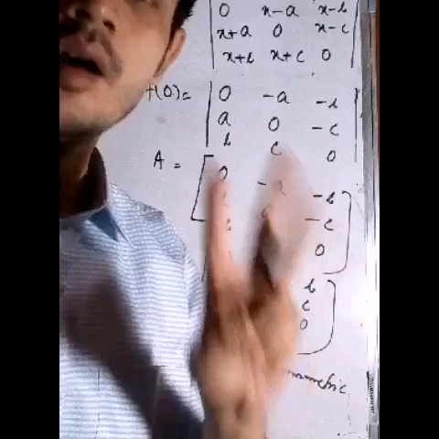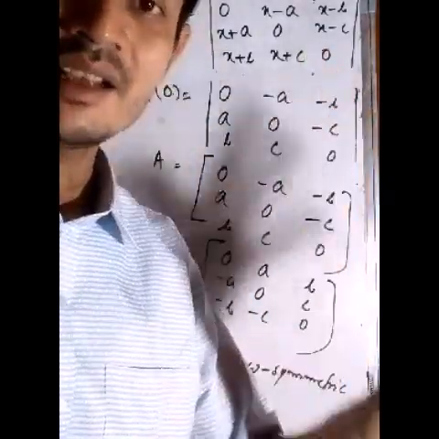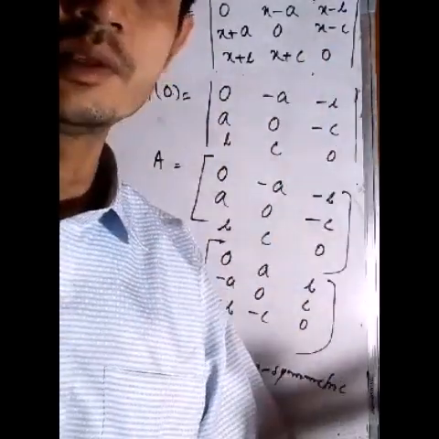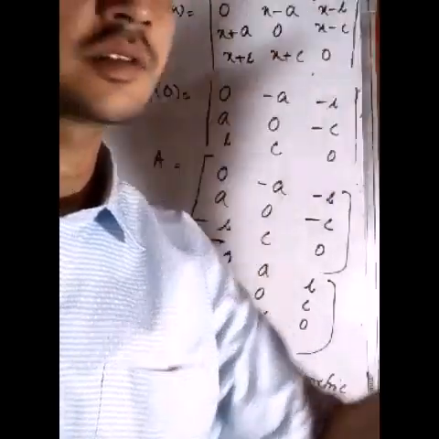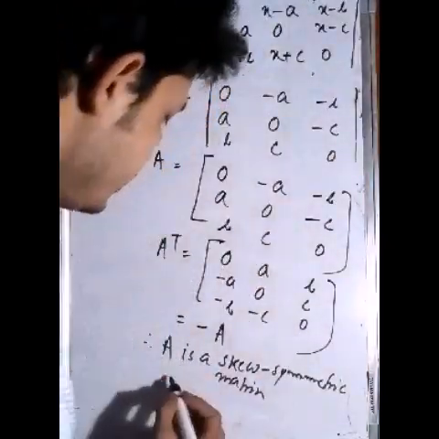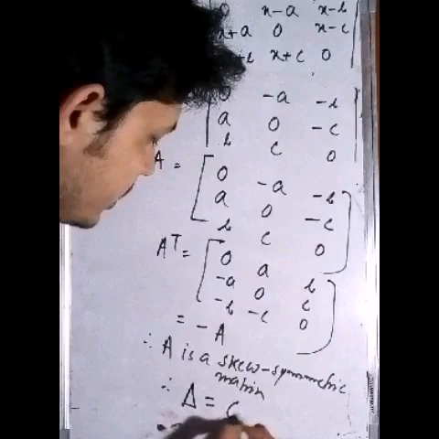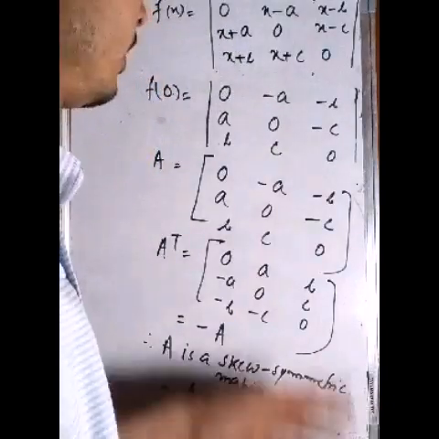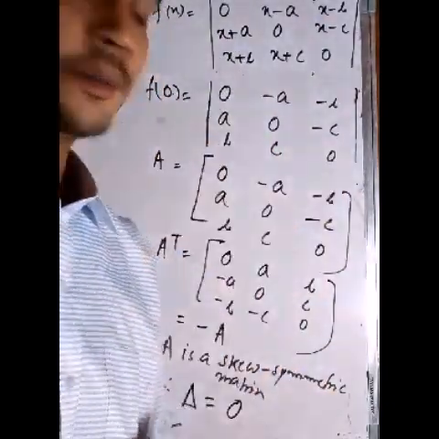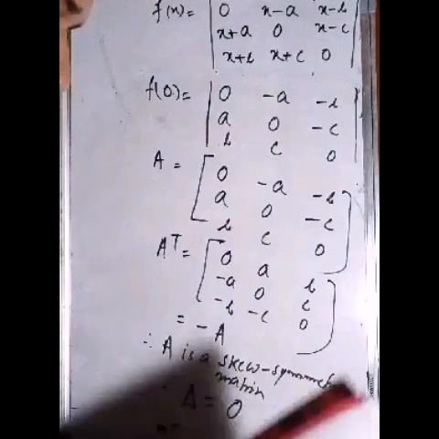Since 3 is an odd number, if you have a skew symmetric determinant of odd order, the value of the determinant becomes 0. Applying that concept, delta equals 0. So the value of this determinant equals 0.